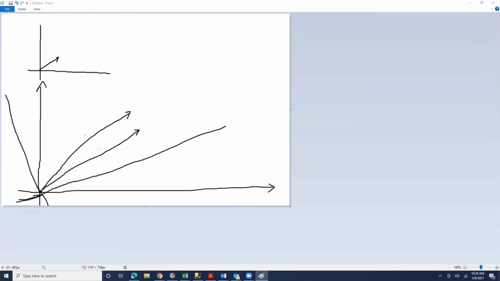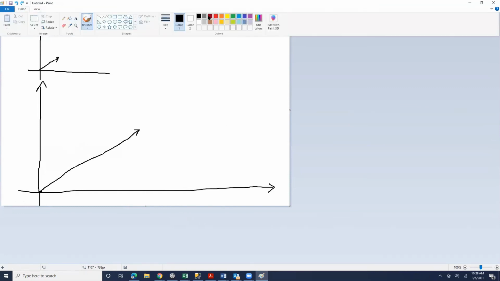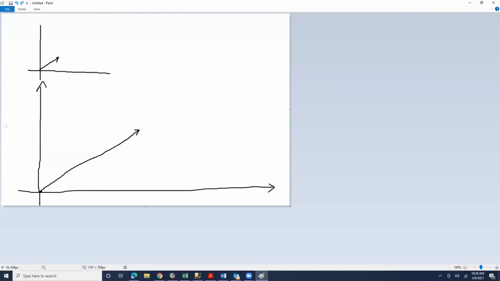Let me draw it in a different color. So rotation is something like this, right? So under this rotation of this axis, this should be somewhere here. I'm probably drawing it very poorly, but this is the idea, right?